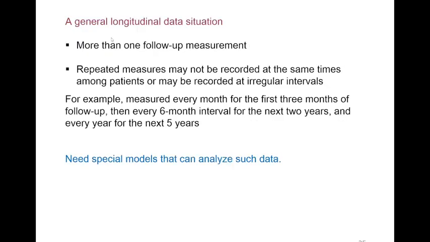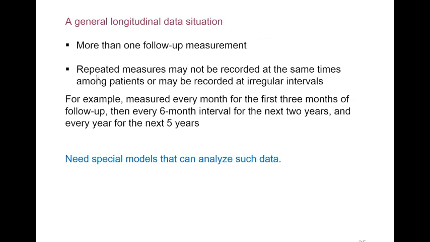And of course, the general longitudinal data setting is much more complex than only pre and post, with more than 1 follow-up measurement. The repeated measures example I showed you was measured at the same times.